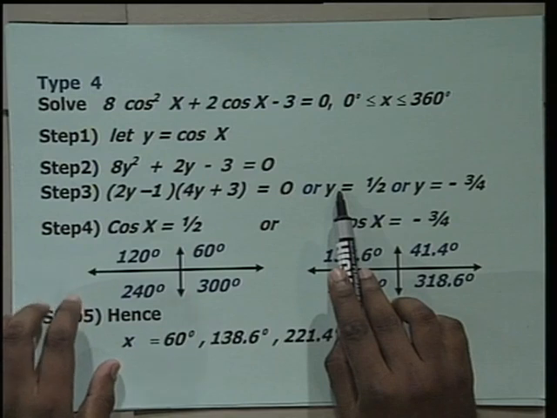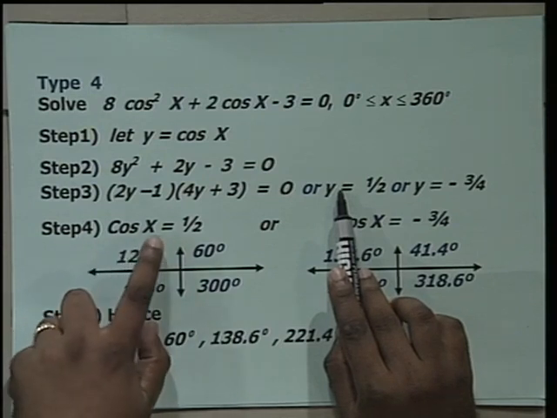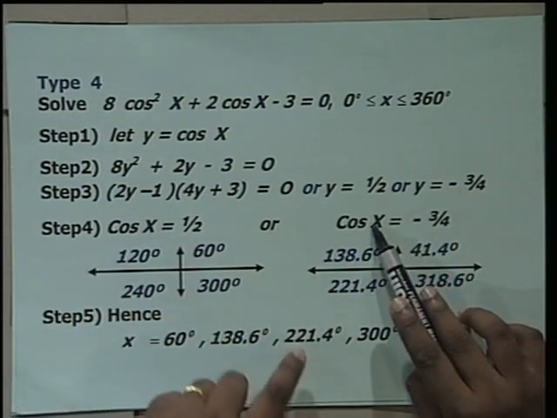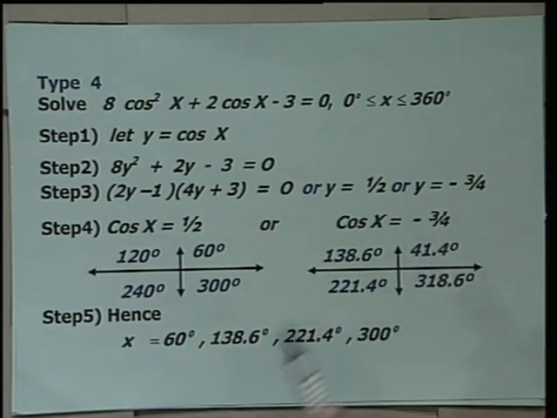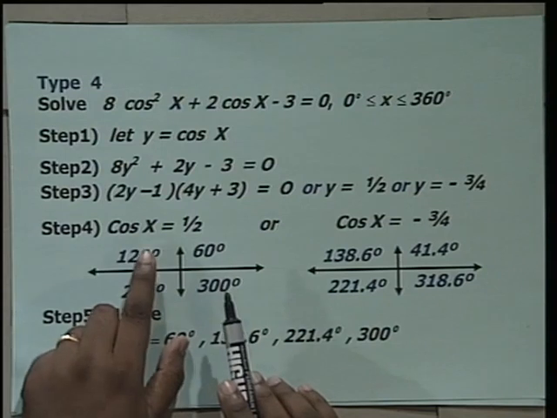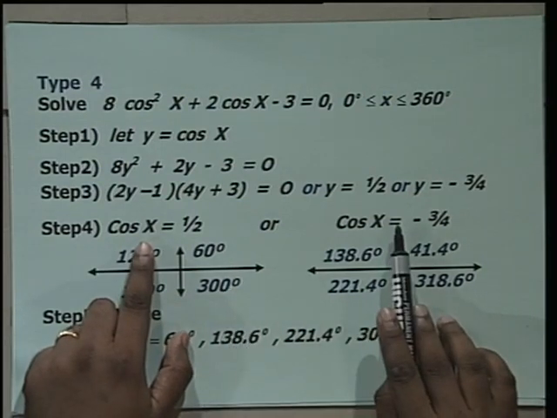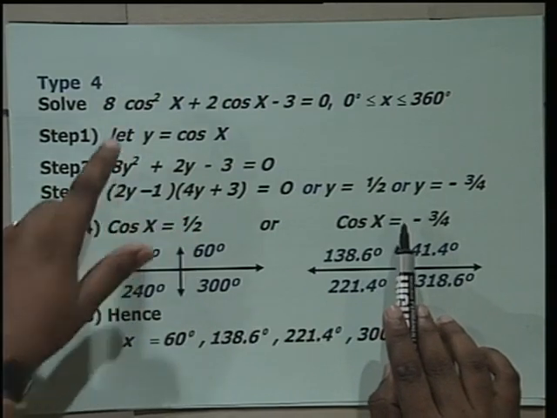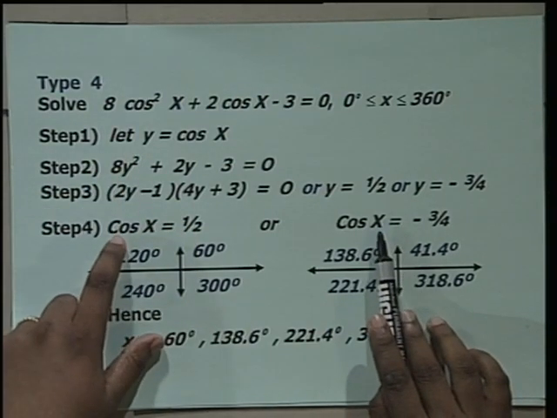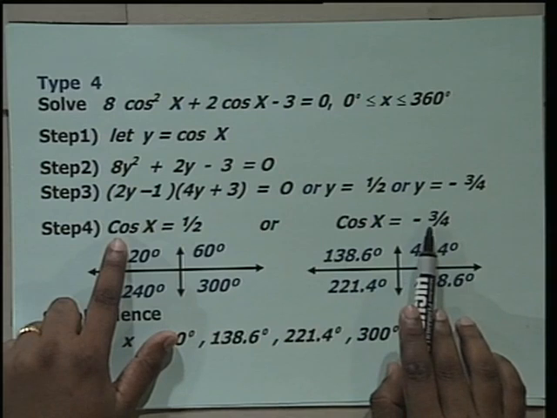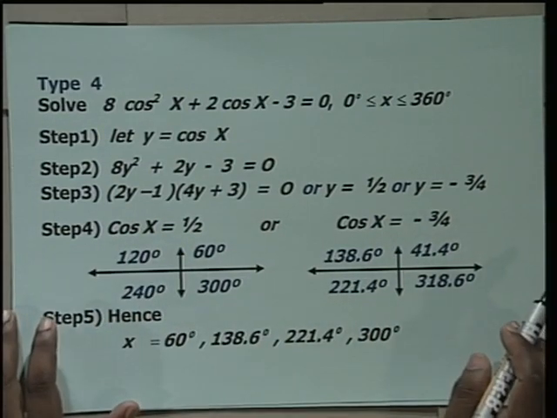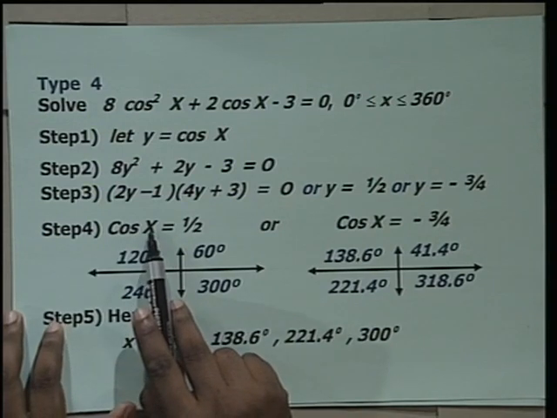This means cos x equal to half, and cos x equal to minus 3/4. And we will solve each one of them. Note that we had a quadratic equation at the beginning, and this has resulted in two simple trigonometric equations, cos x equal to half and cos x equal to minus 3/4. We are going to solve each one.